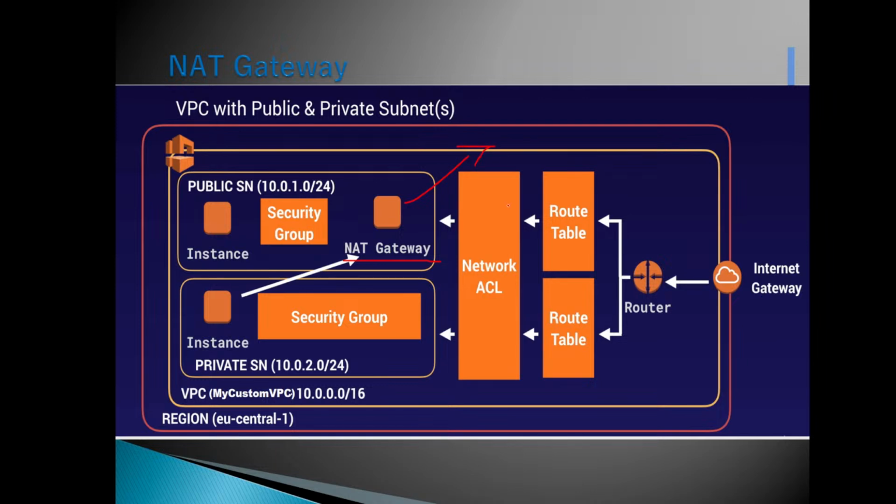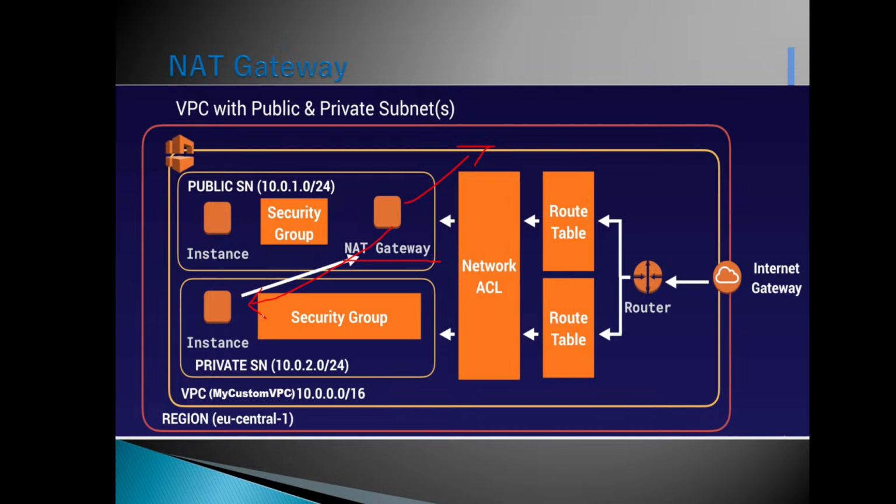Just like the internet gateway, it is managed by Amazon. Amazon says the gateway will never go down; it's always up and running. So you don't have to maintain this machine. It is a service, just use it and attach it to your private subnet. That's it. How it provides internet and acts as a proxy, you don't have to worry about it. Just attach a NAT gateway.